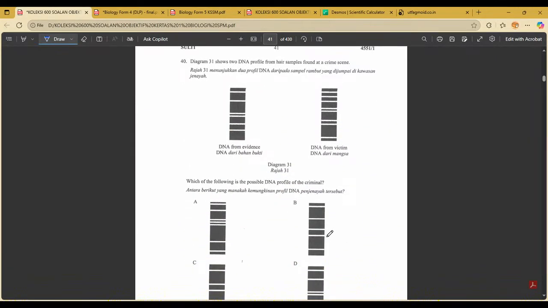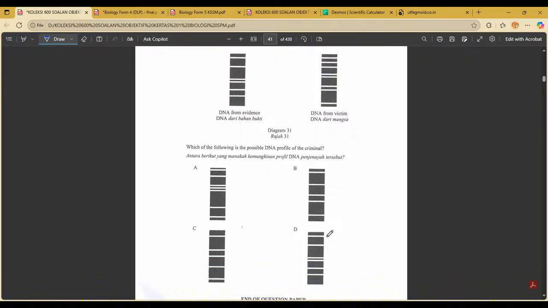Diagram 31 shows two DNA profiles from hair samples found at the crime scene. Which of the following is the possible DNA profile of the criminal?